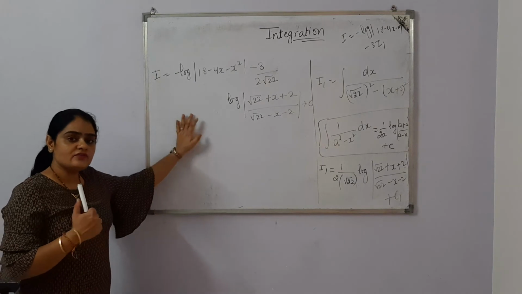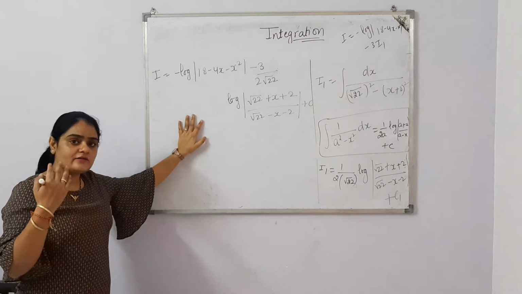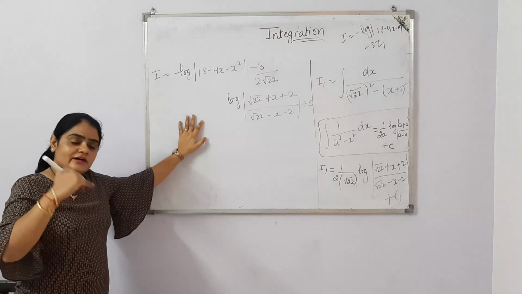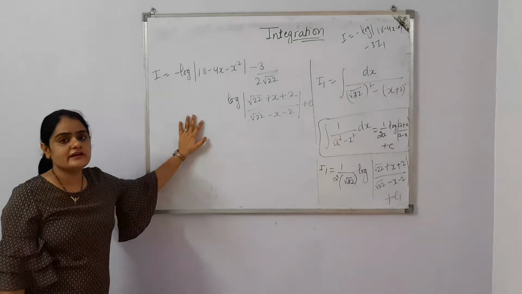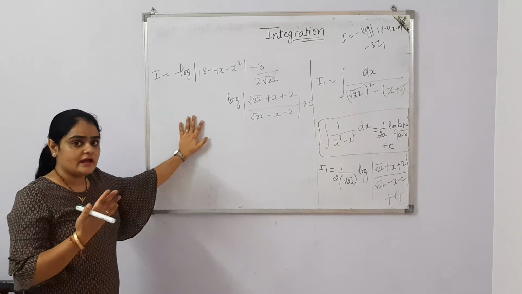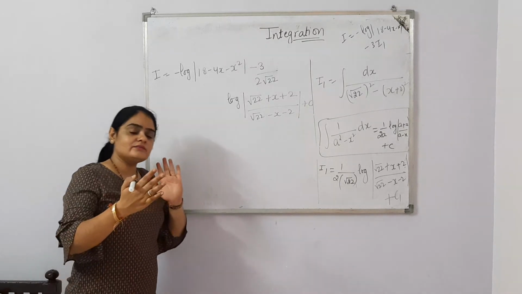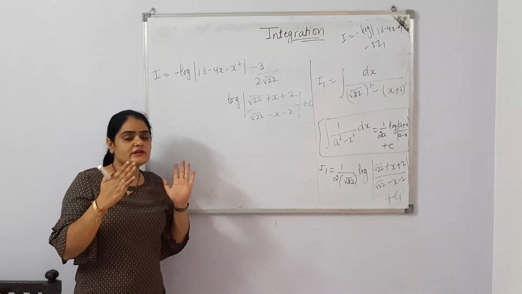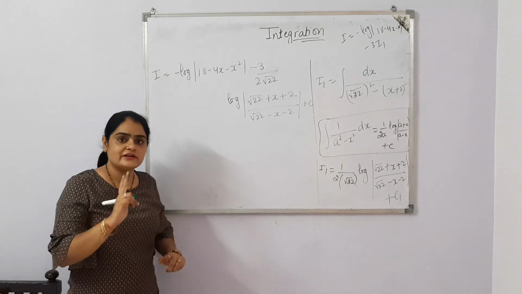So first of all, we applied the formula of function and its derivative in the numerator. We made the function's derivative in the numerator, and after that we get 2 different parts.